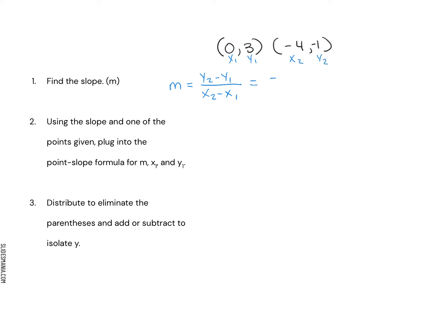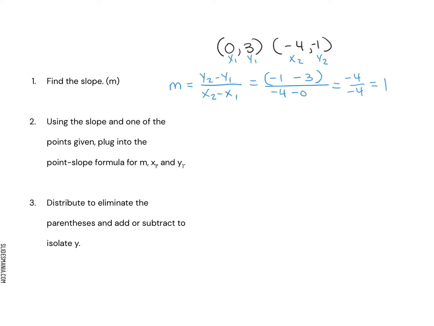So y2 is negative 1 minus 3, that's y1, over negative 4 minus 0. Okay, so we simplify. Negative 1 minus 3 is negative 4. Negative 4 minus 0 is also negative 4. Negative 4 divided by negative 4 is 1. So our slope is 1.